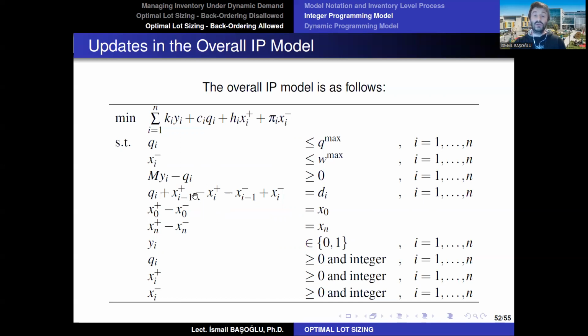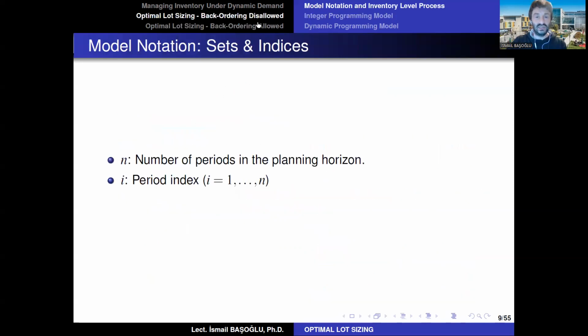And by the way, you may ask this question: was it possible, instead of introducing the ending inventory level decision variable as the difference of two non-negative decision variables, to leave it as it is?